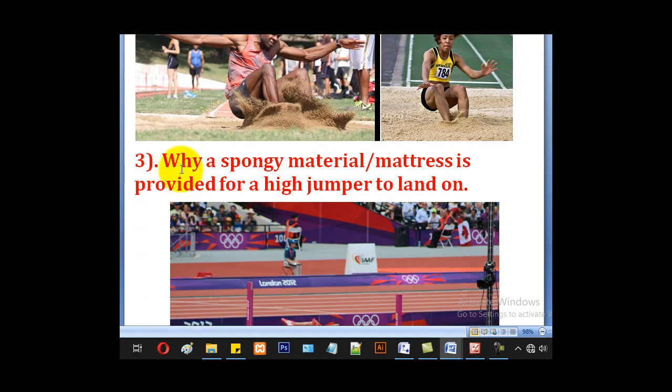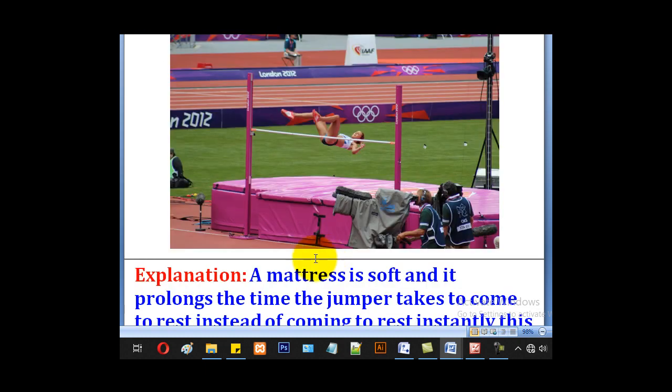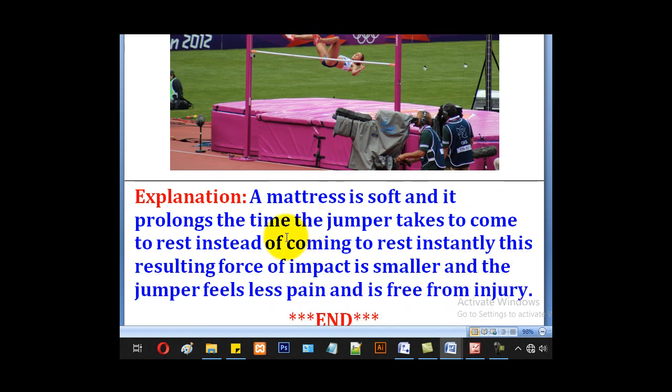Another observation is why a spongy material or a mattress is provided for a high jumper to land on. As you can see here, this is a high jumper, and here they provide a spongy material for him or her to land. Why is it so? Newton's third law can help us explain that.